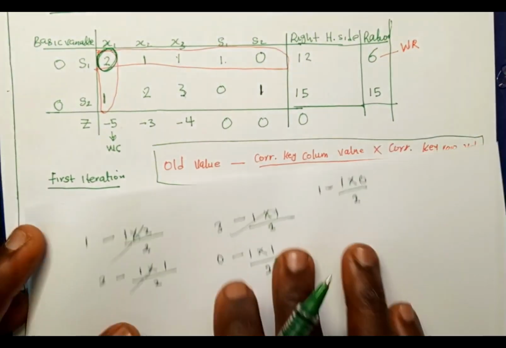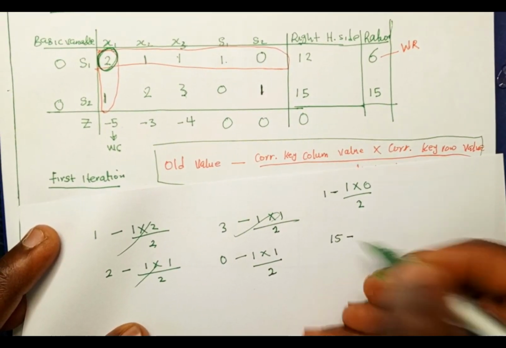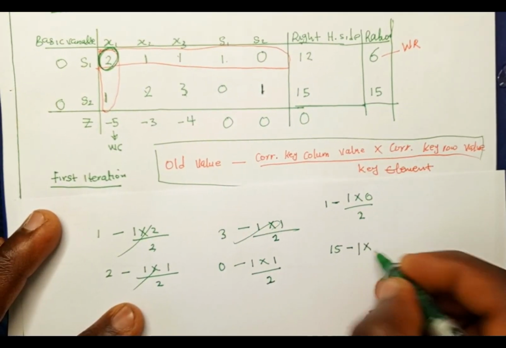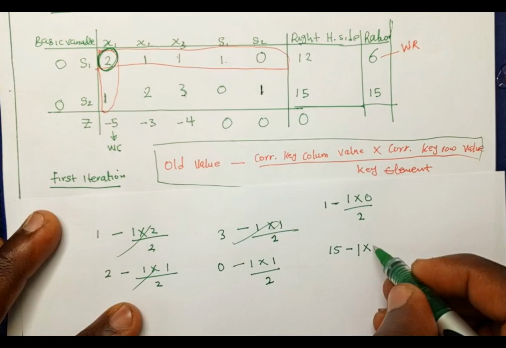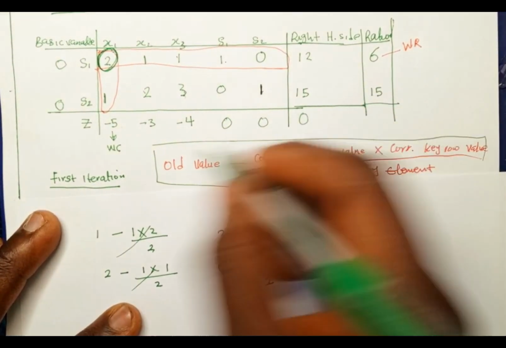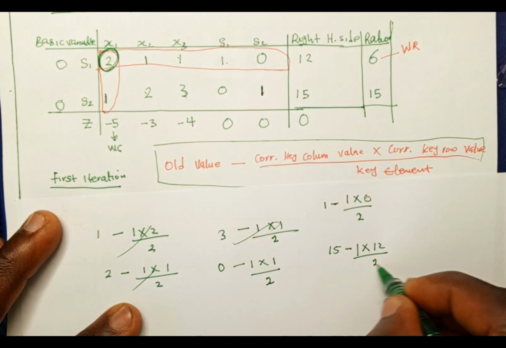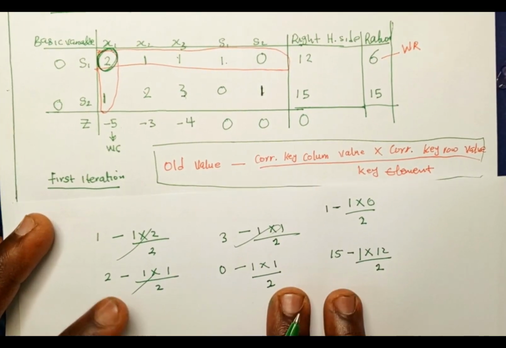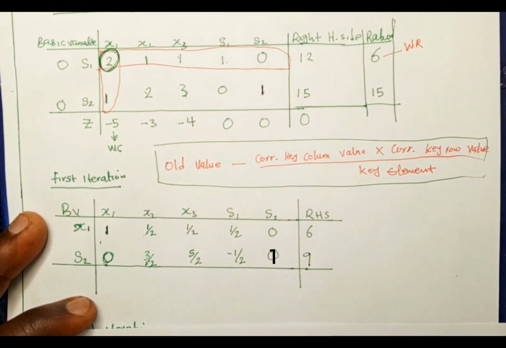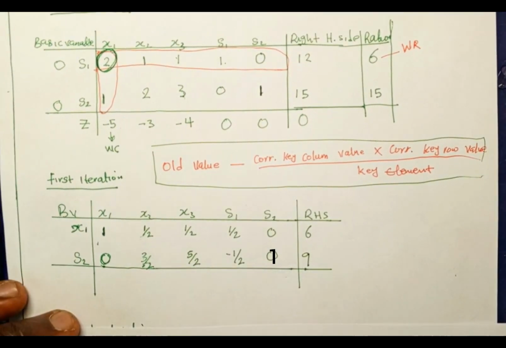What is the old value here? It is 15. We write the 15 minus corresponding key column value, which is 1, then multiply by corresponding key row value, which is what? It is 12, then divided by the key element. The key element is 2. Then we perform this operation, we are going to have 9. So we have successfully gotten all the values for S2.